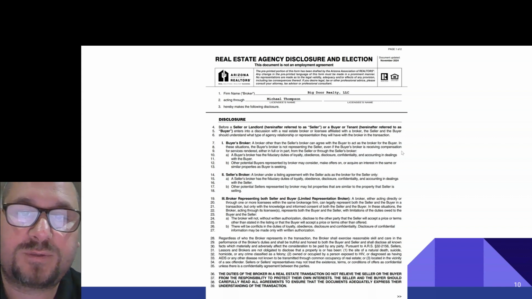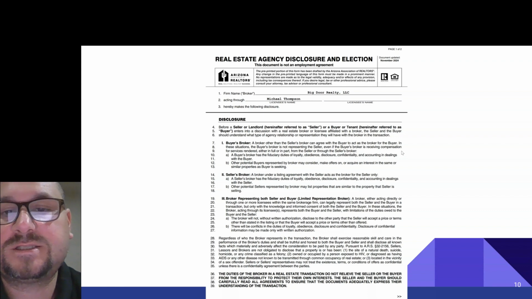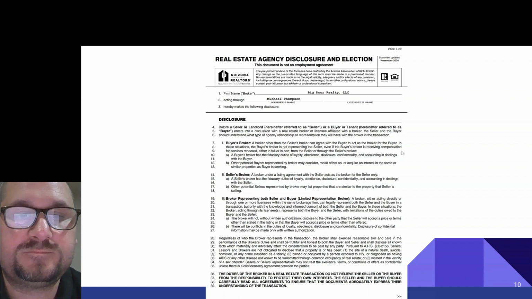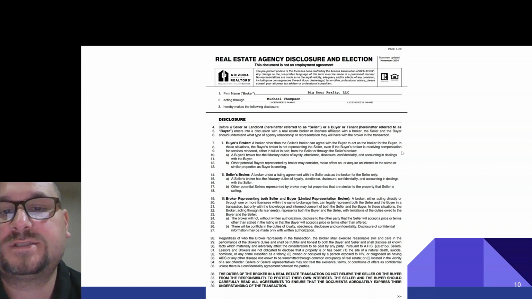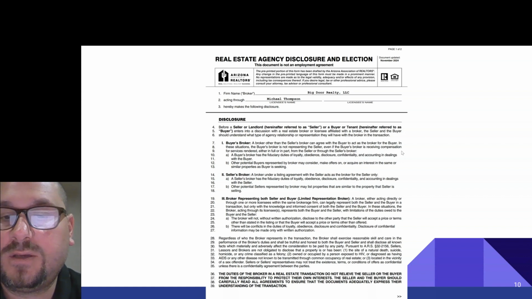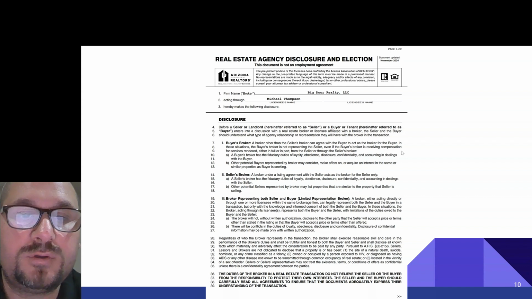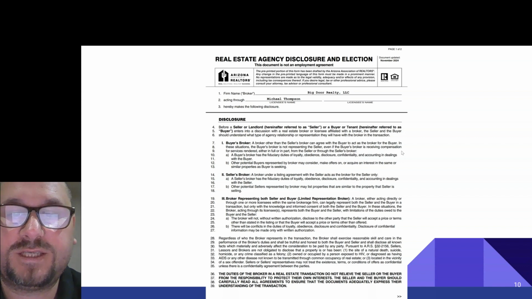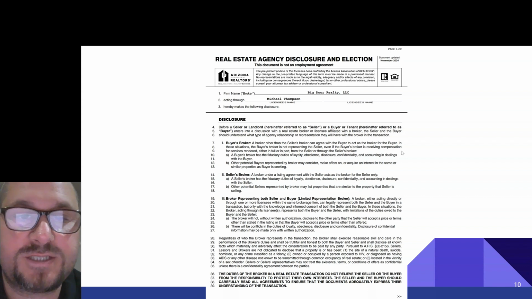Other potential sellers represented by a broker may list properties that are similar to the property the seller is selling. The broker representing both seller and buyer, called limited representation, is where a broker, either acting directly or through one or more licensees within the same brokerage firm, can legally represent both the seller and the buyer in a transaction, but only with the knowledge and informed consent of both.